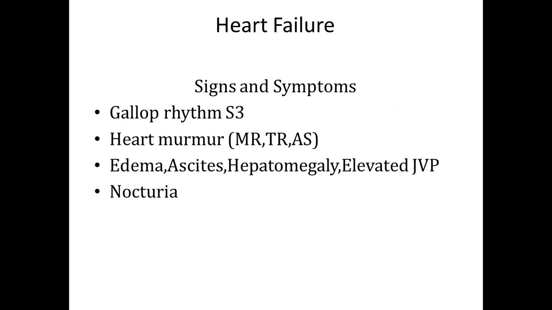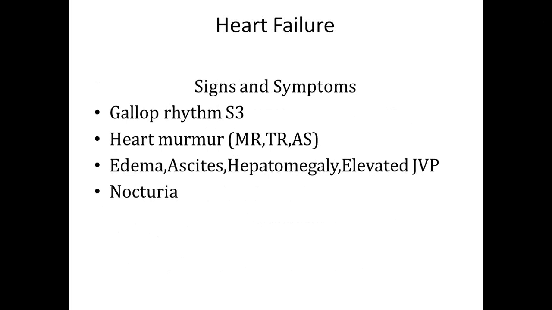So these are all features of right-sided failure, but I've seen a lot of clinicians will get to pedal edema, they'll get ascites, hepatomegaly, and they just go on the right-sided heart failure.